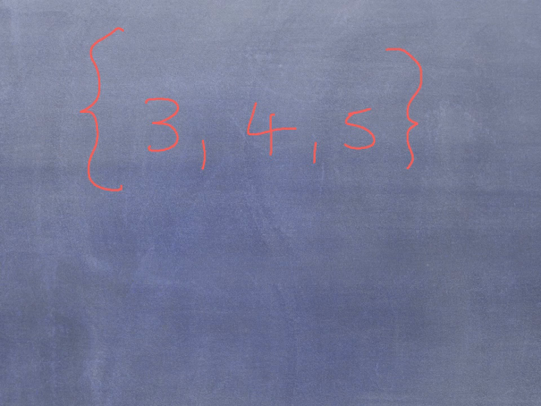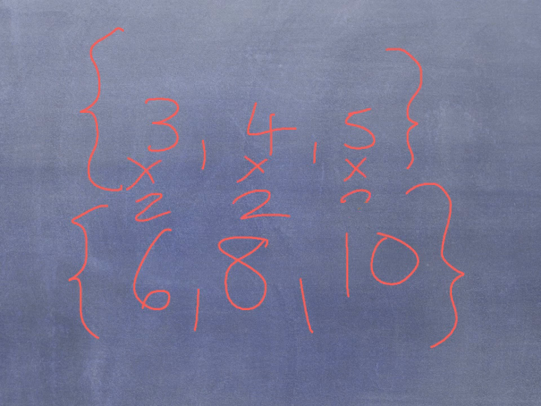For example, we could say 6, 8, 10 is also a Pythagorean triple. How have I created that? Taking the basic 3, 4, 5, I've multiplied by 2. 6 squared is 36, 8 squared is 64, 10 squared is 100, 36 plus 64 is 100.